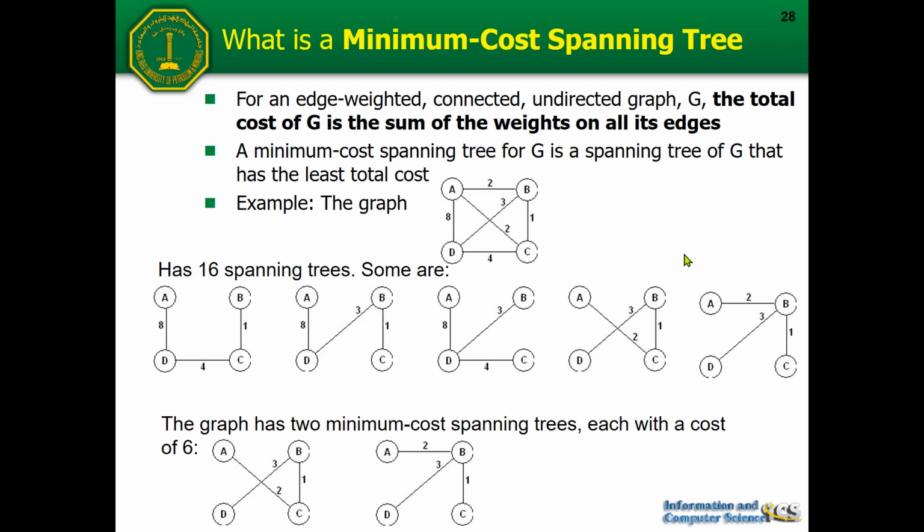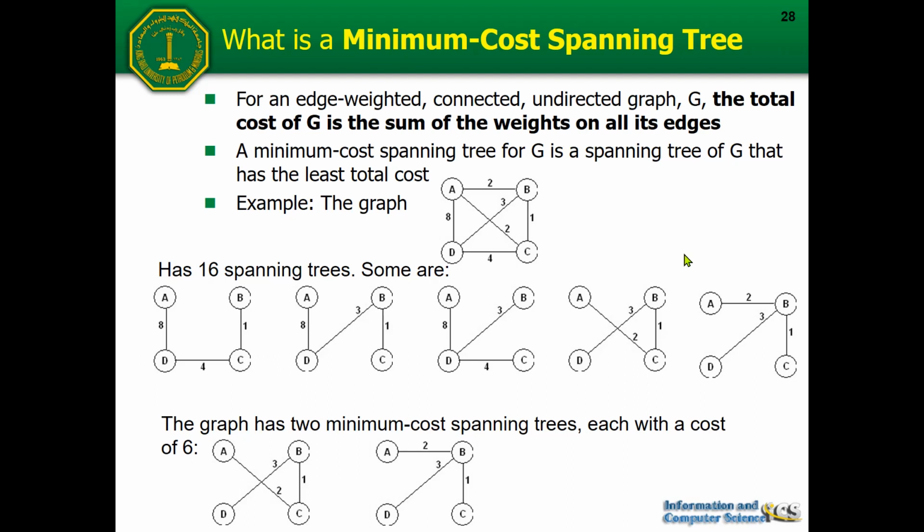For example, the weight of the edges can be used to describe the cost of traveling. It can be the time, it can be the price, something like that. So it means that the information of the weight of the edges is really important.